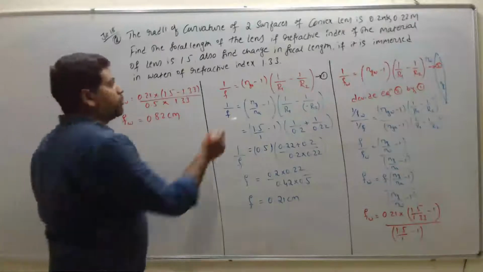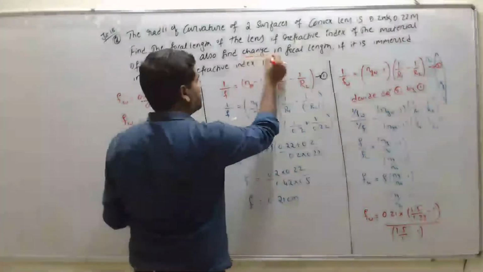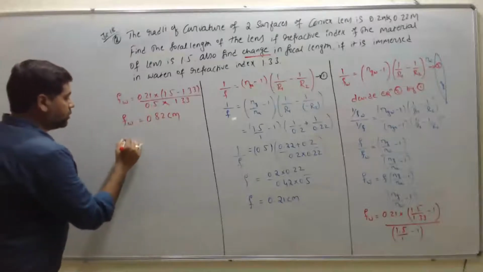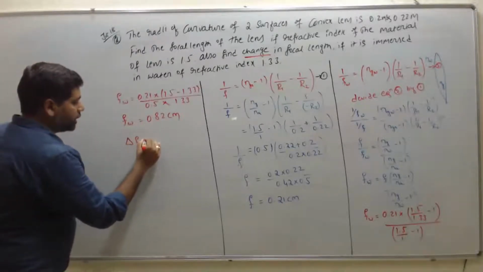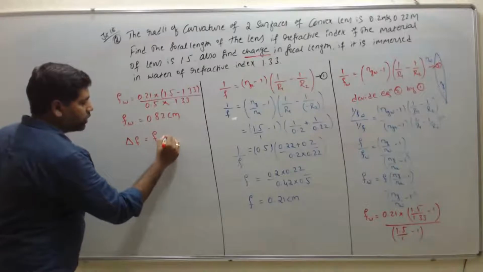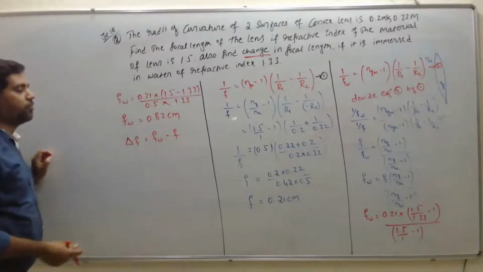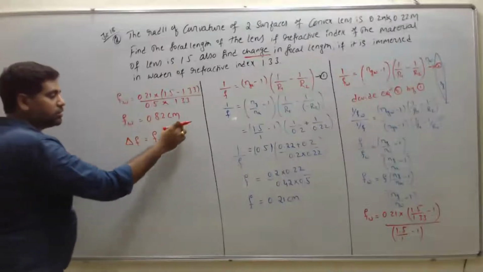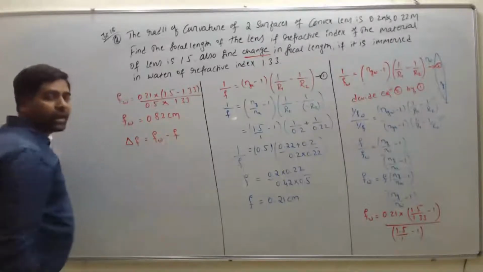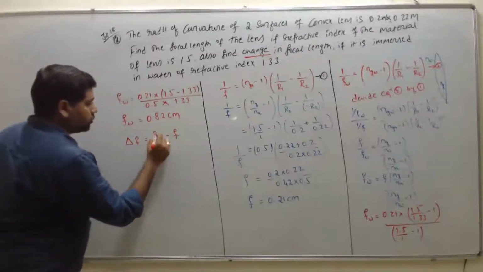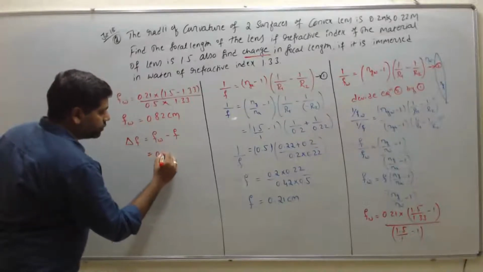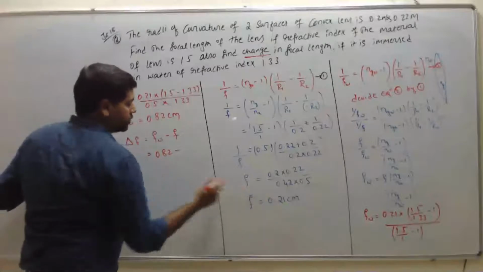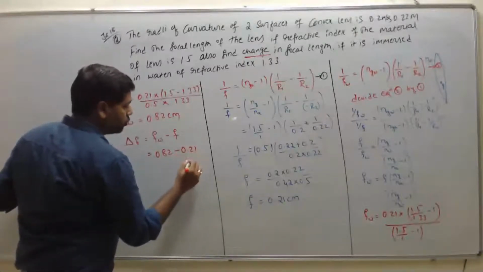So here we have to find the change in focal length. For the change in focal length, delta f is equal to fw minus f. That is the focal length when the lens is in water minus the focal length when the lens is in the air medium. So the value of fw is 0.82 minus the value of f, 0.21.